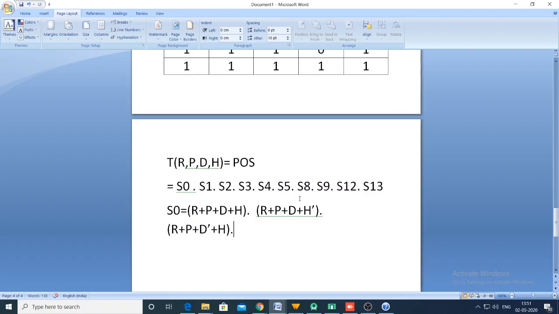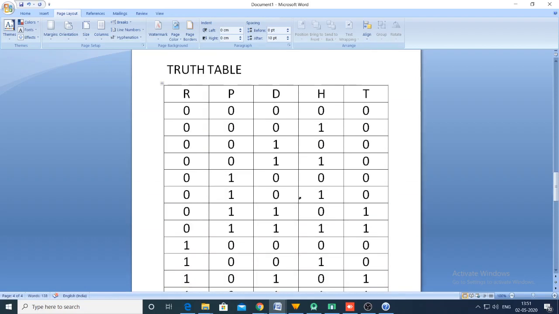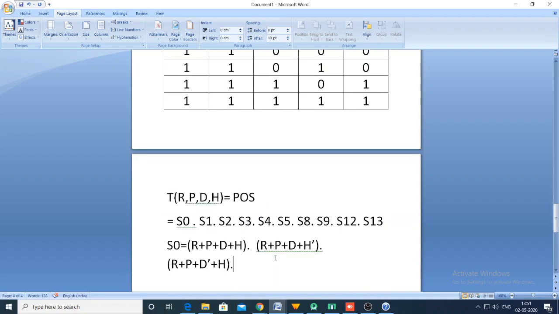Then the fourth one: R P D bar H bar. So R plus P plus D bar plus H bar.